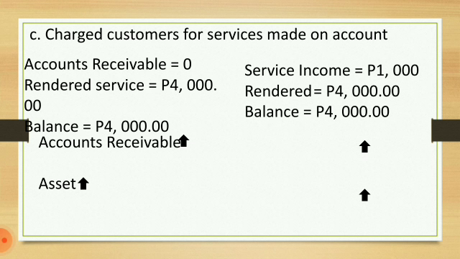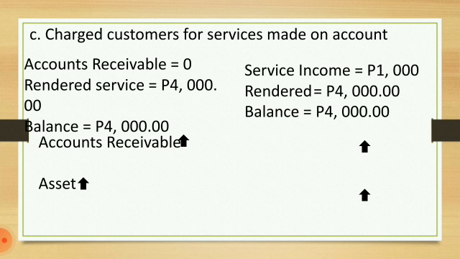Now, going back, it's a dual transaction. When you performed your service to your customer, you did not receive cash, but your value received is accounts receivable. What is your value parted with? Of course, you have performed your service, and that formed part of your service income.